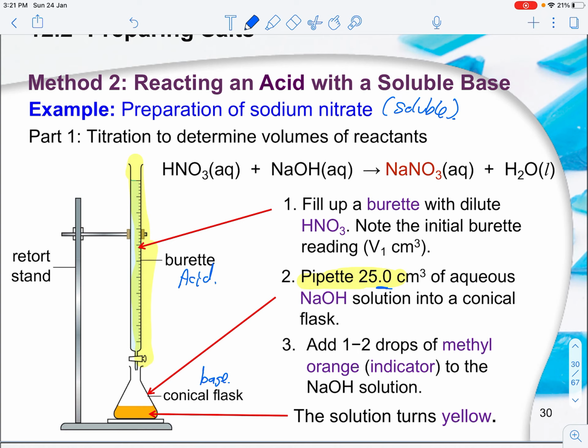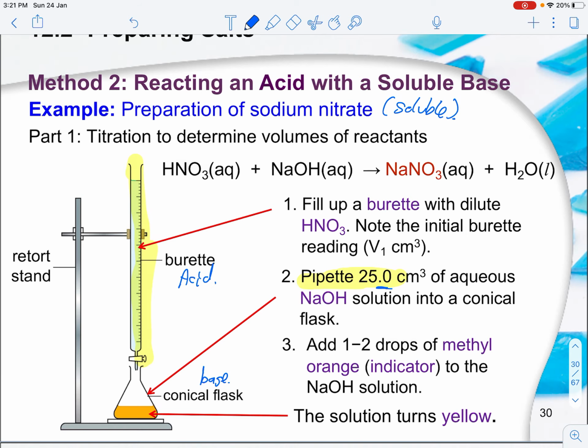After that, you add your methyl orange, which is the indicator. You add it into your conical flask, and it will change color upon neutralization. This is important because when the color changes, that's where you stop adding any more acid, and you take note of the volume of acid used to produce the salt.